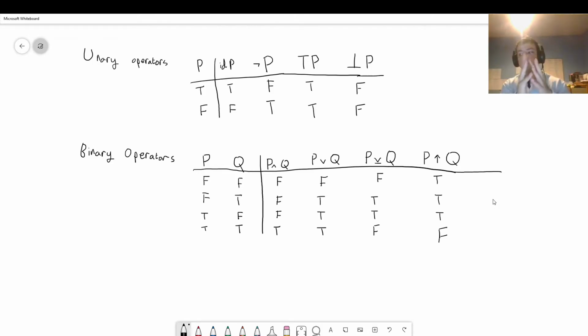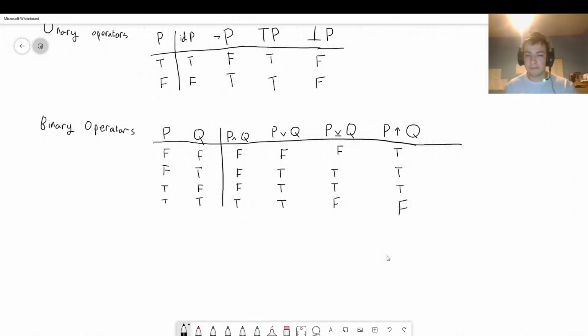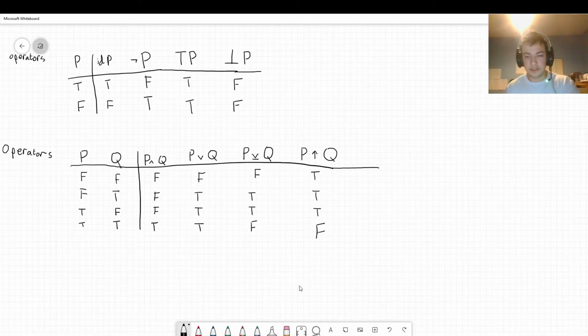An important part of this is that any operator on any number of propositions can be built as a combination of NANDs. It's useful when you're building a circuit because it means you only need one type of logic gate.